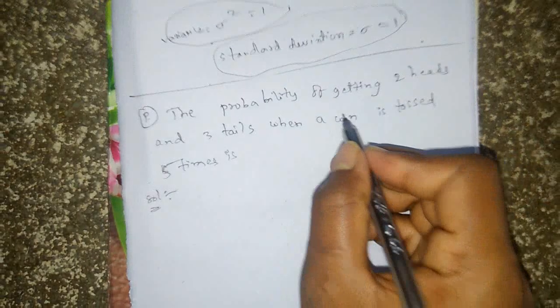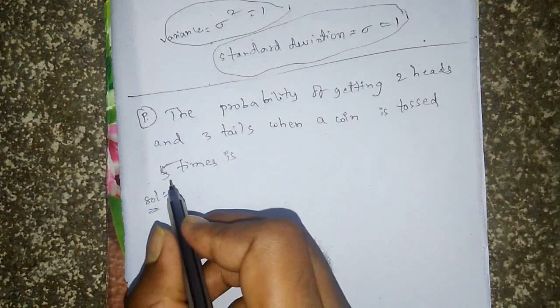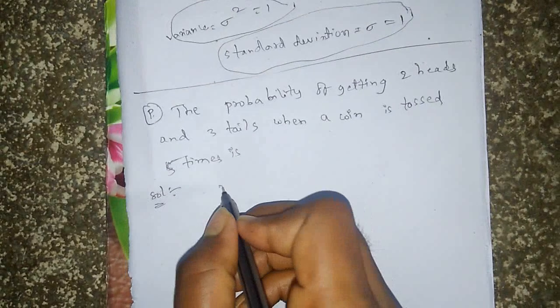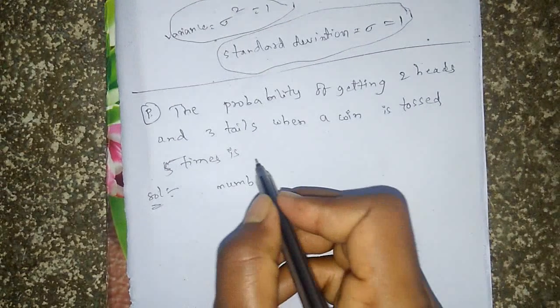So here the coin is tossed 5 times. When a coin is tossed, there will be 2 outcomes. 5 times means we need the number of outcomes.